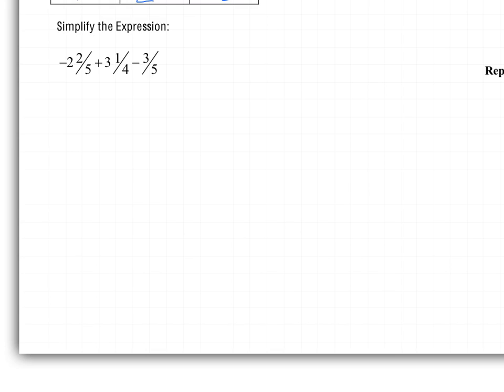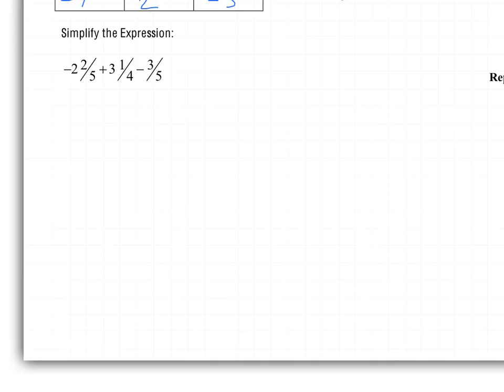Looking down here at this expression, please go ahead and on your own find the value of this expression. All right, so if you haven't already finished this, pause this and let's talk about it.